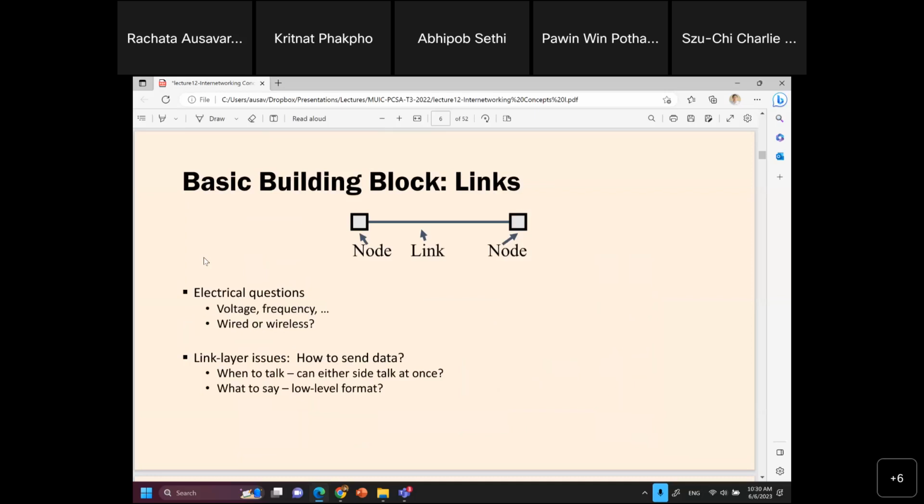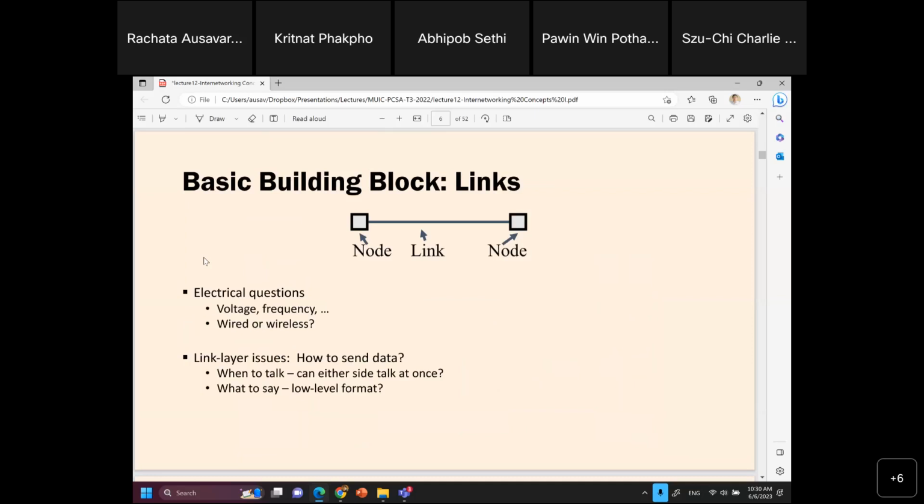Then the link layer issue, when to talk, but at the end of the day, it's two nodes talking to each other, right? It's like when I talk to you, what's the medium? Air. How do you hear my voice? Vibration, right? That's it.